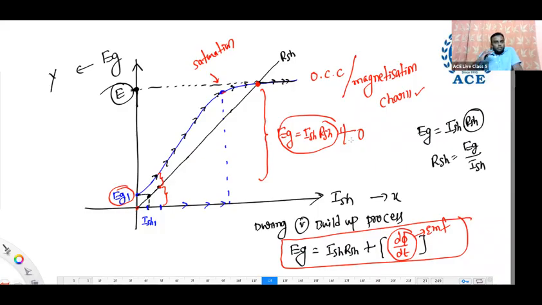So during the voltage build-up process, an additional EMF is there in the field winding due to the rate of change of flux. This EMF will become 0 after saturation of poles. Up to saturation only it is there. Remember this.